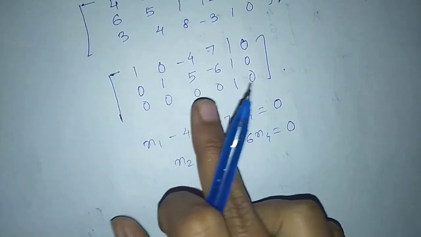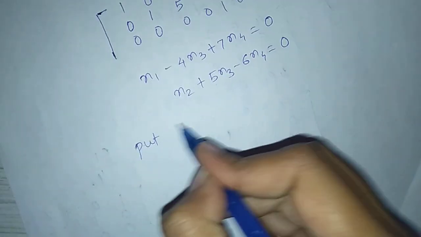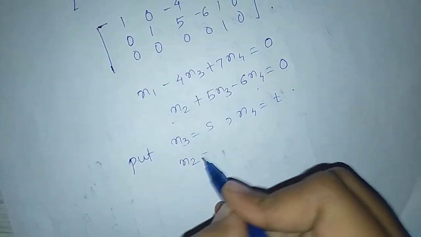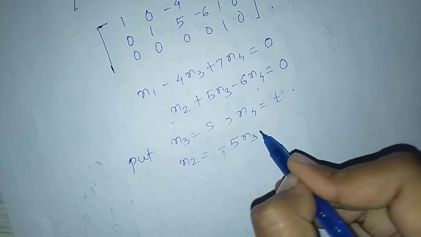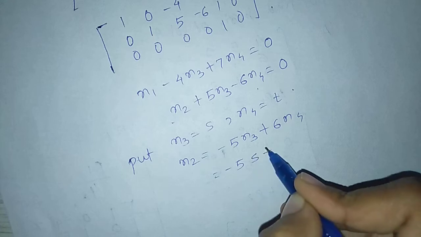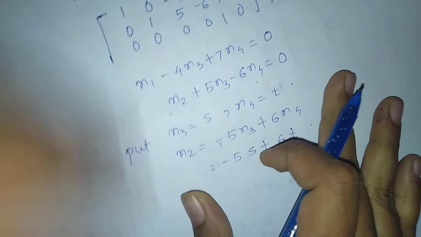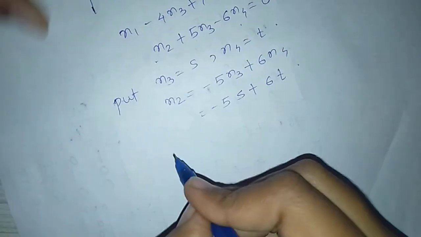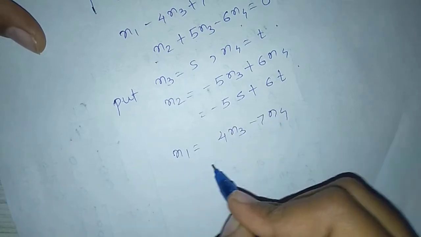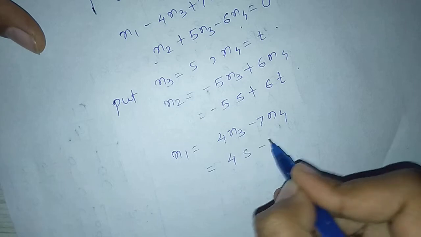So put x3 and x4 as free variables. Put x3 equal to s, x4 equal to t. Therefore x2 equal to minus 5x3 plus 6x4, equal to minus 5s plus 6t. Now to find x1, x1 equal to 4x3 minus 7x4, that is 4s minus 7t.